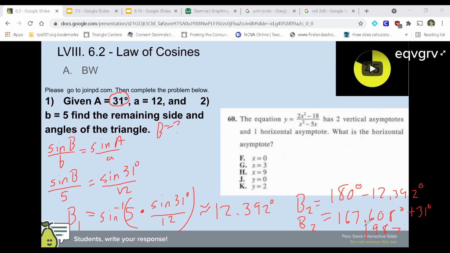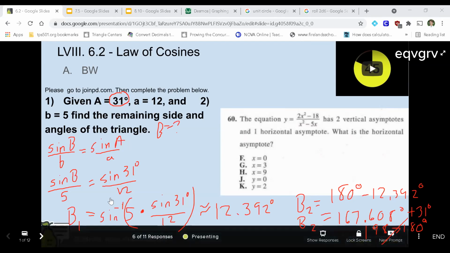And that's bigger than 180. So that couldn't really make a triangle because there's no possible angle that C could be, since we don't allow negative angles yet. So it turns out that there's only one possible triangle that has these dimensions. And thus, we basically can ignore this over here.